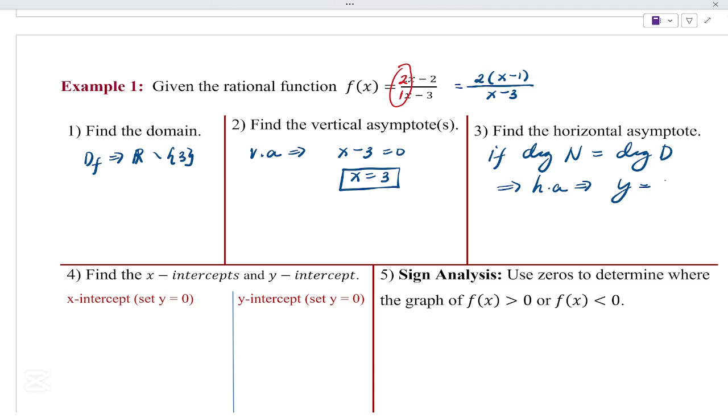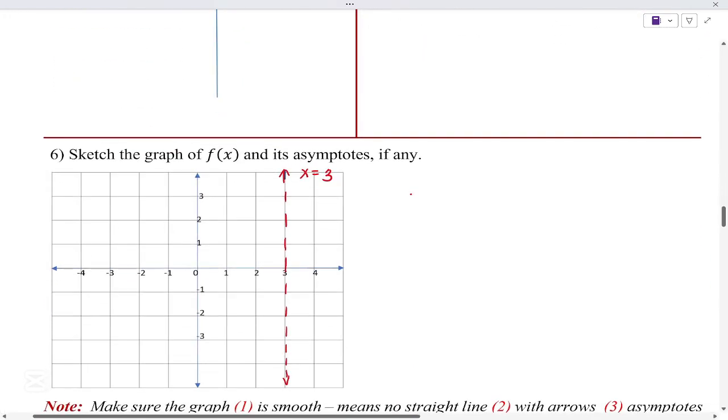So the horizontal asymptote is y equal to 2. Let us graph the horizontal asymptote y equal to 2. That is a horizontal line passing at y equal to 2, and we label it as y equal to 2.